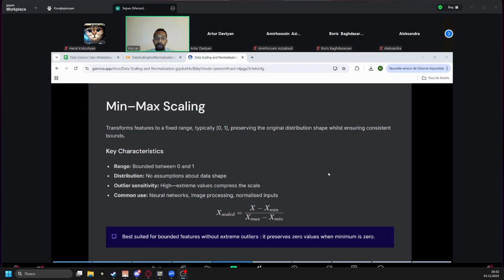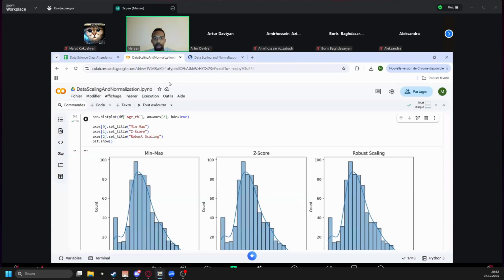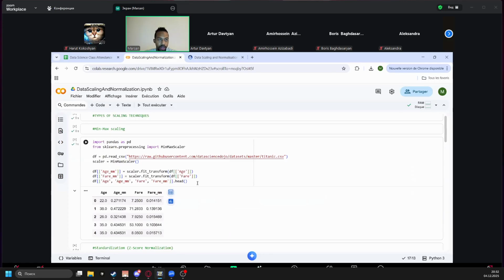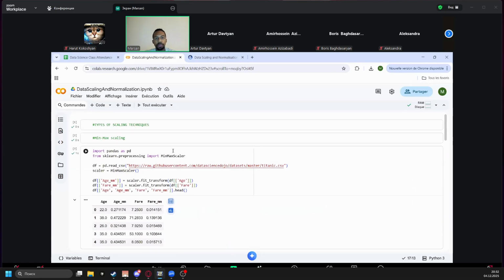So now we can see what it looks like in Python. Here is the new library that we will use for that: scikit-learn. In scikit-learn, we have functions which allow us to automatically do the min-max scaling technique.